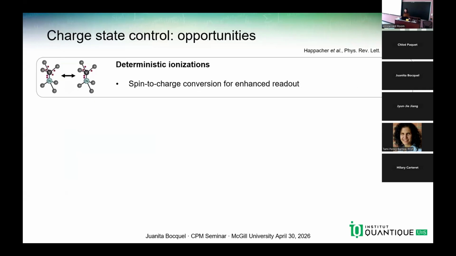And then lastly, it's about being able to deterministically change from one to the other. Why would we want to do that, except for stabilization? It's because it is possible, for example, to change the readout from the conventional one that I mentioned earlier to increase the flexibility or to enhance it by mapping the spin state into the charge state.